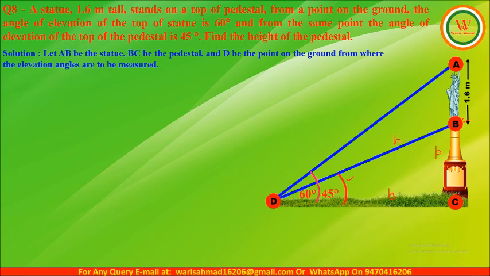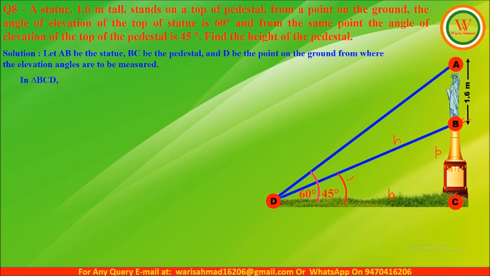So in triangle BCD, we have to take tan theta because BC is perpendicular and DC is base. The value of theta is given 45 degrees.